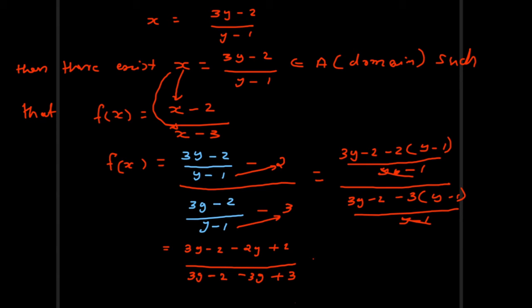Then we can write this equal to 3y minus 2y, y, then minus 2 plus 2 you can cancel, so numerator only y, divided by 3y minus 3y you can cancel, then minus 2 plus 3 by 1. So y by 1, so what is f of x equal to? y. Therefore f is onto or surjective function.